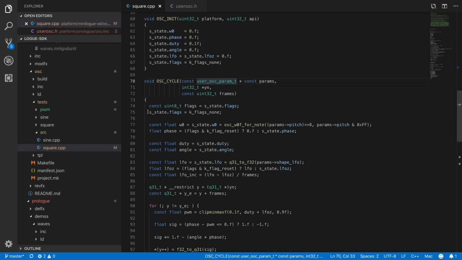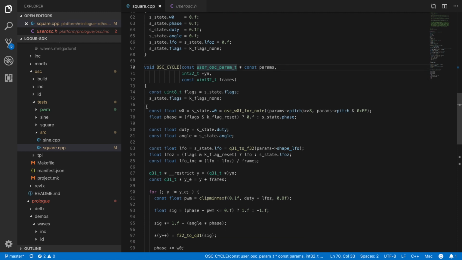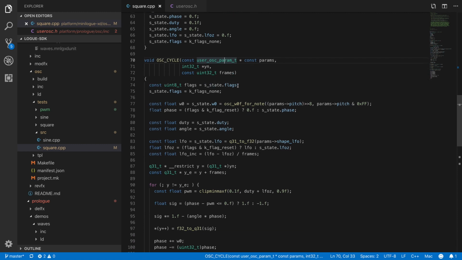Okay, so now let's begin with the first cycling. Get the flags from our state into a temporary variable and reset the flags to none. So if there are any flags set from other callbacks, reset them so that we will have no flags for the next run.